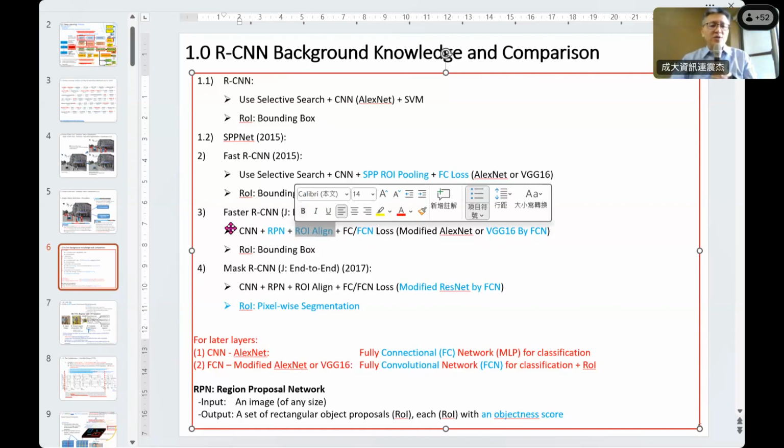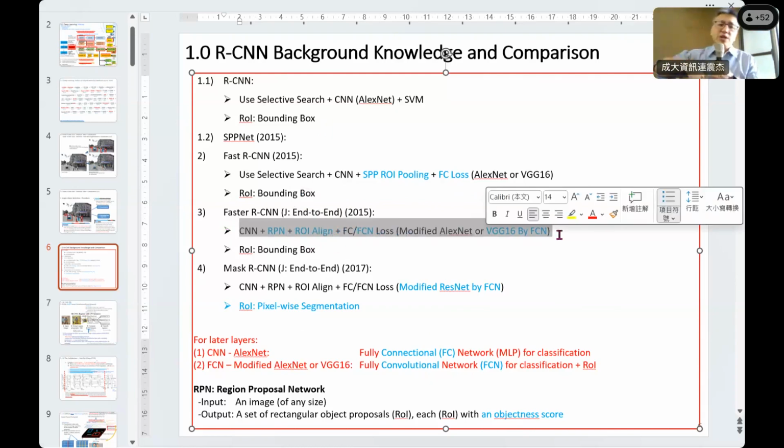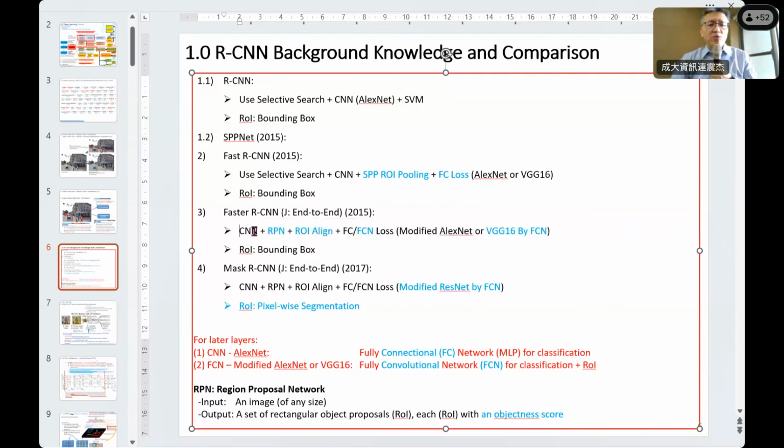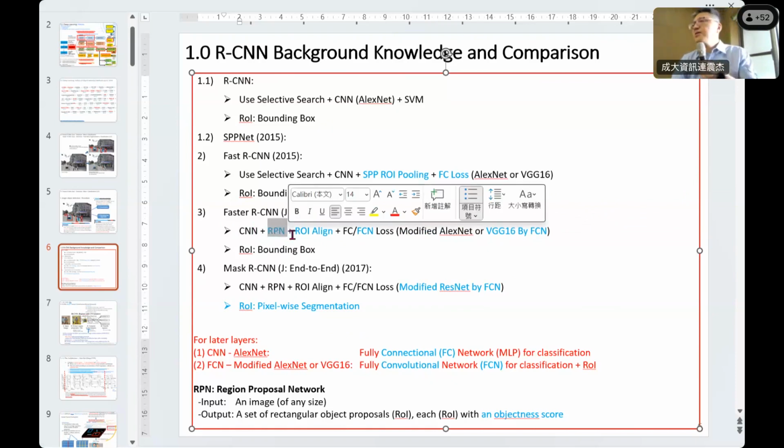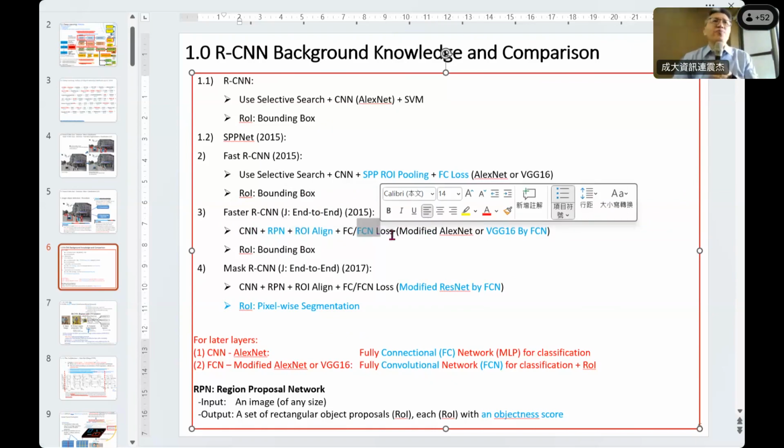Even though right now YOLO uses the same structure. So we have a convolution encoder, and this RPN is for the initial bounding box detection. Here we call anchor and normalize, and use FCN for classification and refinement.